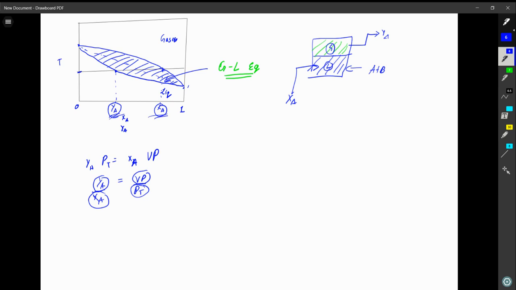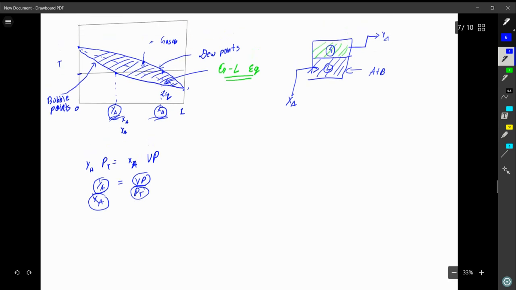For a given XA, above this line is gas, then you keep on cooling down, and at a point you cross the line and come to gas-liquid equilibrium, which means that on the upper line you get the first drop. So the upper line represents dew points. Similarly, the lower line represents bubble points. So that's all about dew point and bubble point.